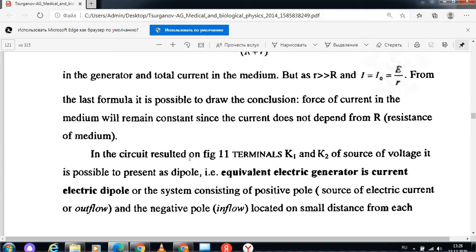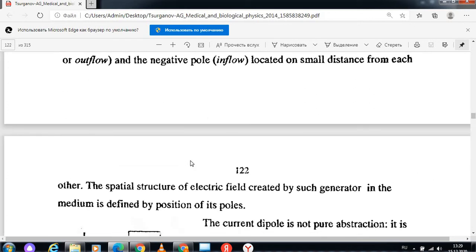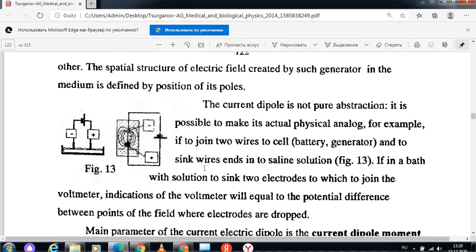In other words, the equivalent electric generator is a current electric dipole, a system consisting of a positive pole, which is the source of electric current or outflow, and a negative pole, the inflow, located at a small distance from each other. The spatial structure of the electric field created by such a generator in the medium is defined by the position of its poles.